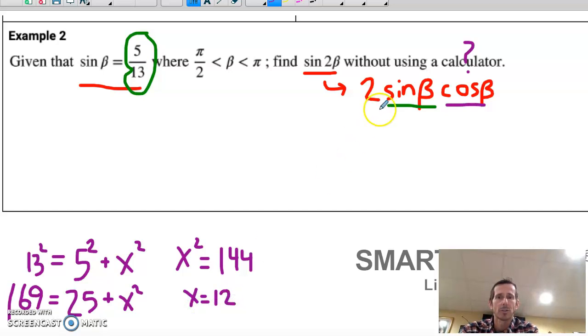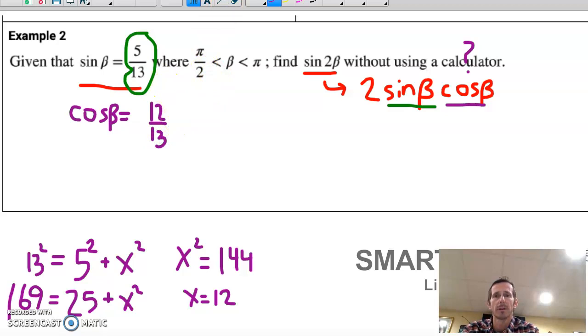So now I actually do know what the cosine of beta is, and I'm going to write it over here in purple. Cosine of beta is equal to x, which I have right there, 12 over top of r, which I already know is 13.